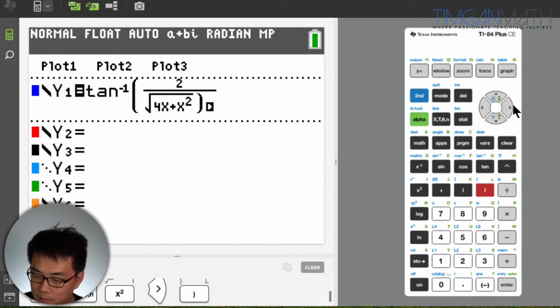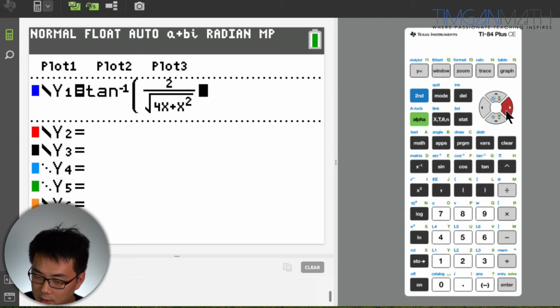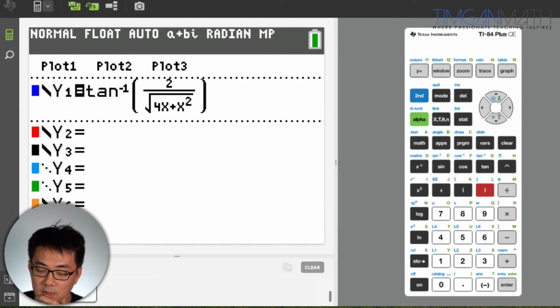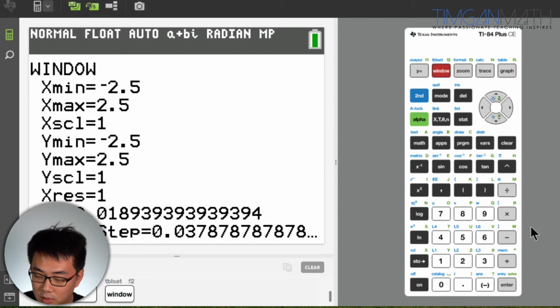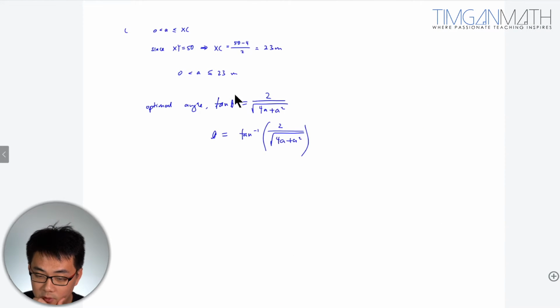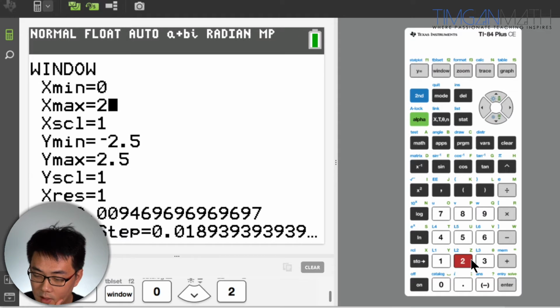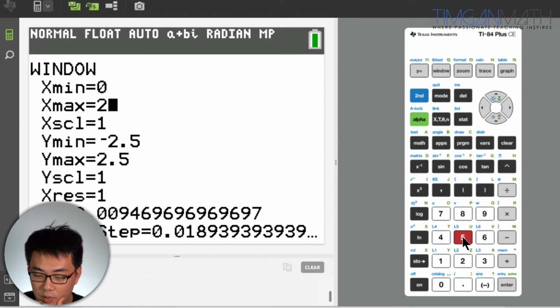Okay, there you go. So in this case, what we're going to get is essentially 4a plus a square. Is that right? Okay, great. So then I'm going to go to window. Now make sure you know what you're adjusting, because now x is your a, which is from 0 to 23. So I'm going to put this as 0 to 23, maybe put to 25.